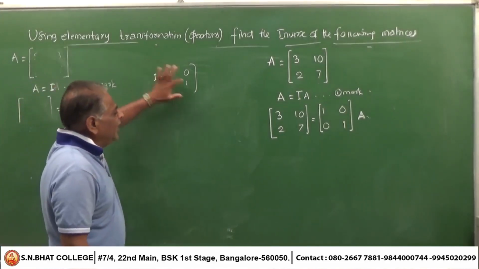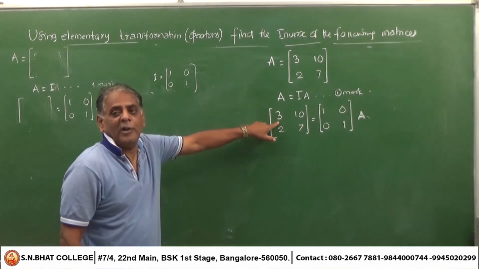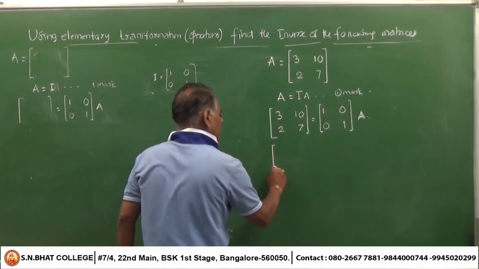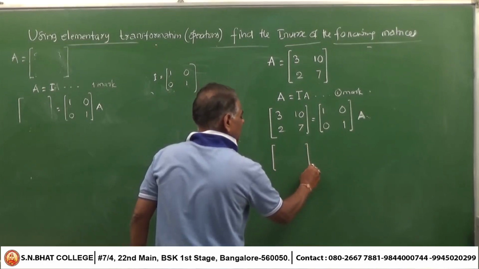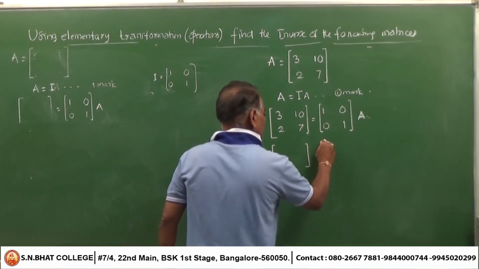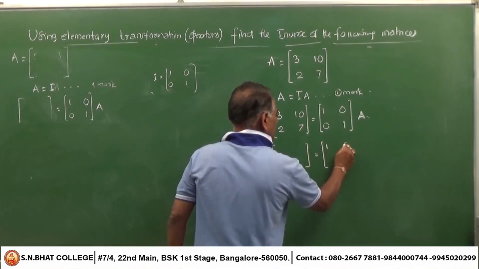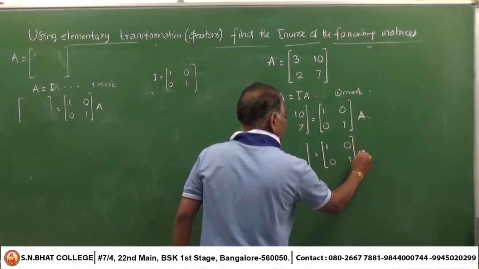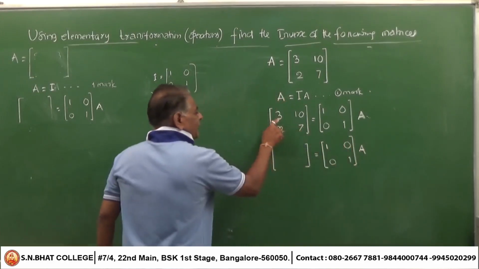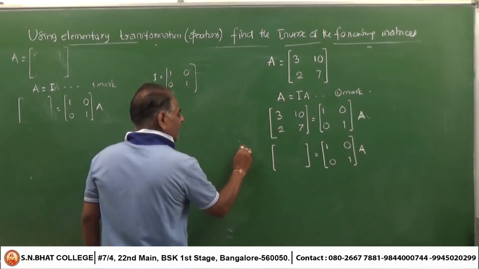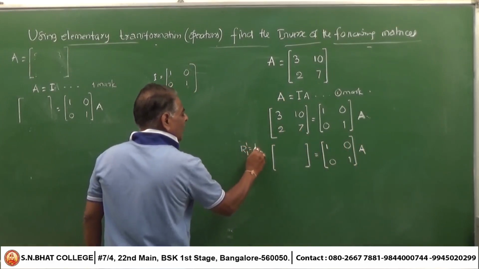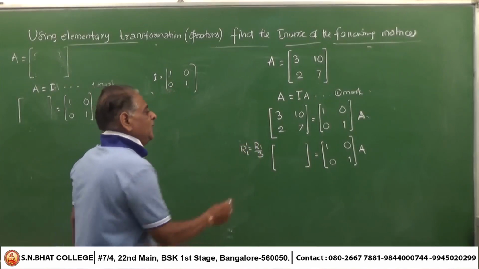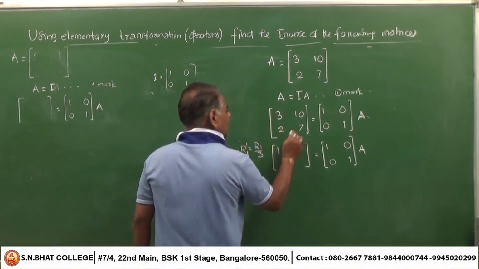To make the first element 1, divide R1 by 3. 3 by 3 becomes 1. Divide R1 by 3 to make 1. 3 by 3 is 1.